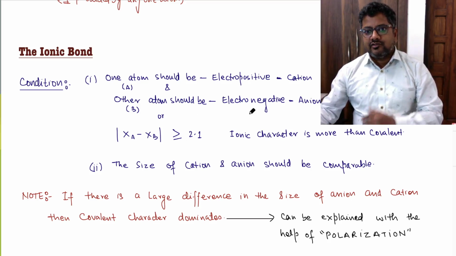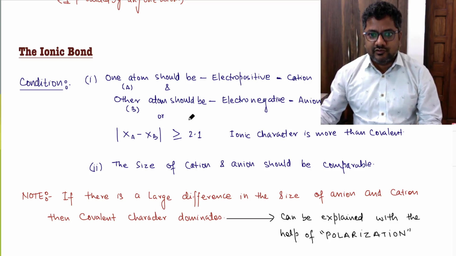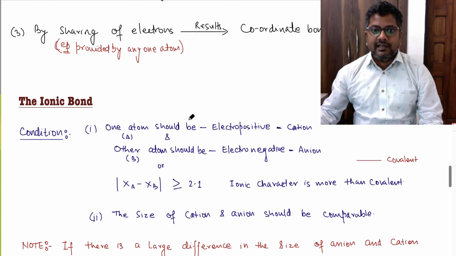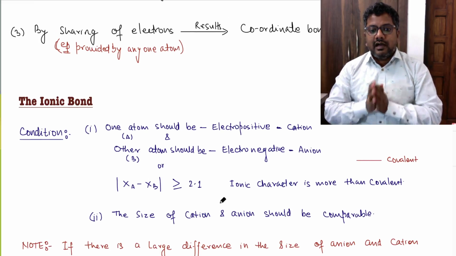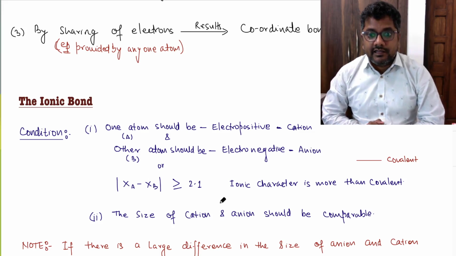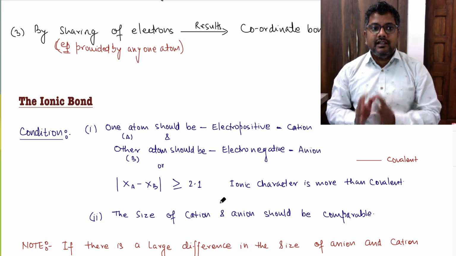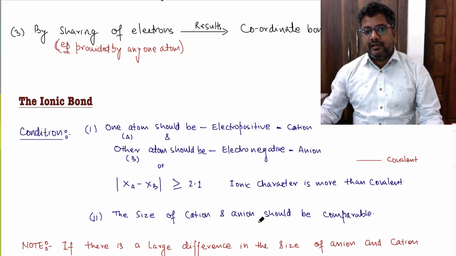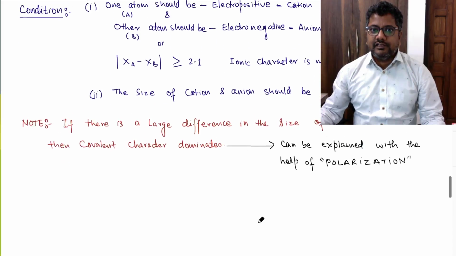So one atom should be electropositive, meaning it has the ability to form the cation, and the other atom should be sufficiently electronegative, meaning it has the ability to form an anion, or you can say the electronegativity difference between them should be sufficient, and the size of cation and anion should be comparable. Both conditions should be independently fulfilled. If not, then your bond is not necessarily ionic. It may have covalent character, right?